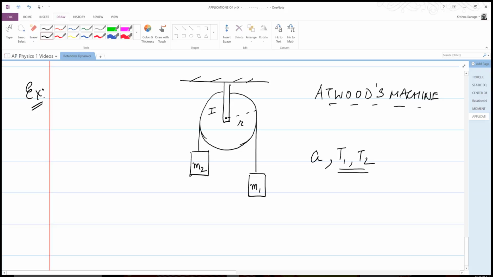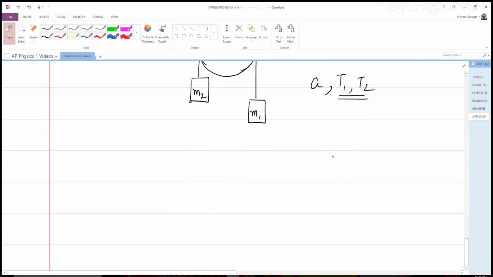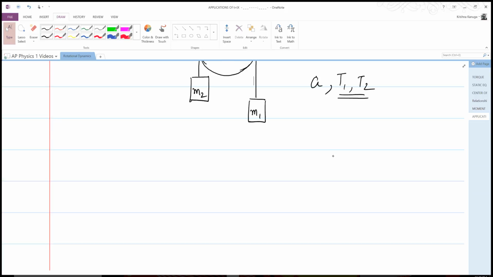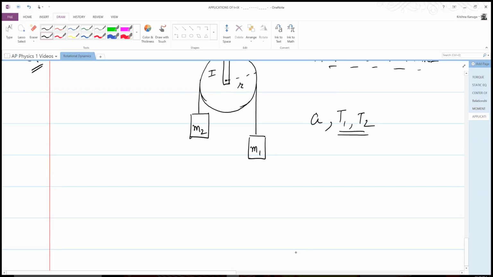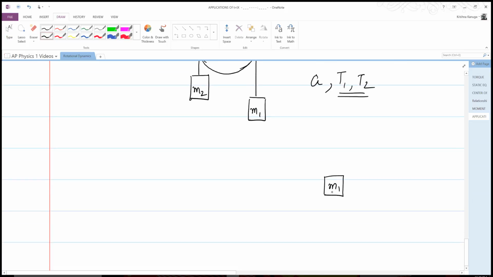So we'll tackle this problem very similarly to the previous problem, by drawing free body diagrams. At this point I would ask you to pause the video, draw your free body diagram, come back and check. Alright, so here are my free body diagrams. For the hanging mass M1, the forces are M1g pulling down and T1 pulling up, and the result of all this is M1 times a in this direction.